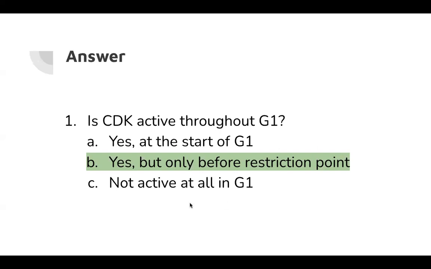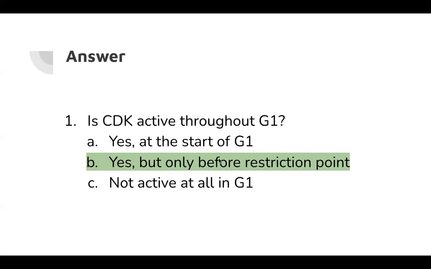So we only have it before the restriction point for the activation of the pre-IC complex, which Gabe was just talking about, to get activation of the E2F transcription gene. Good job. It would be after. But it says before. Oh, before. Yeah, it's before.